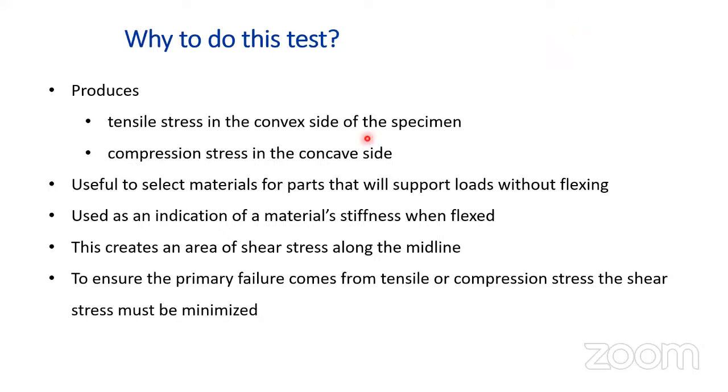We will see in some detail why to do this test, why people generally do this test for polymers, and what kind of property we will get out of it. What do you think? The procedure involves tensile stress on the convex side of the specimen and compression stress on the concave side. It is useful to select materials for parts that will support load without flexing.